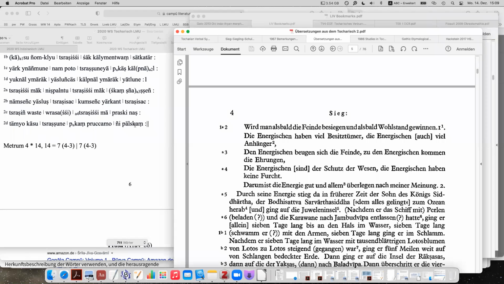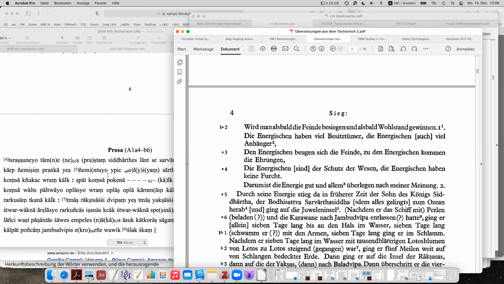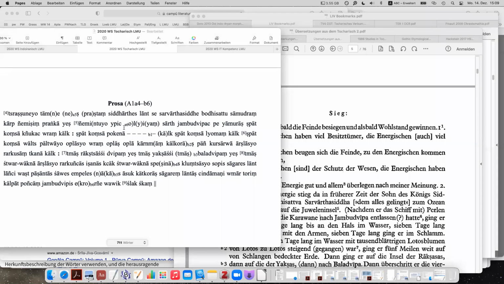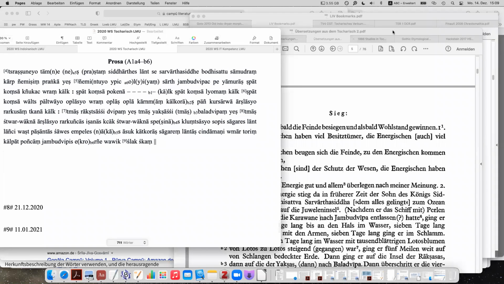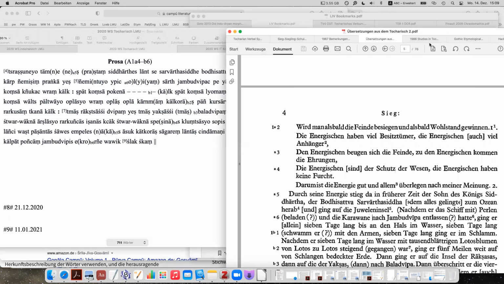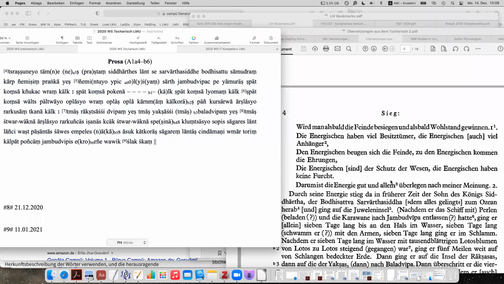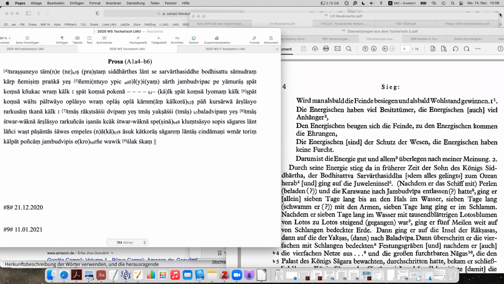Yes. So then let's move on to the second part, the prose part. As I said, we can compare the German translation here.